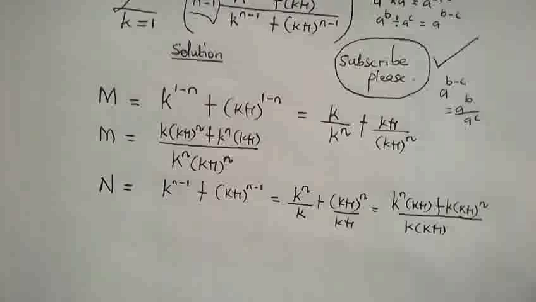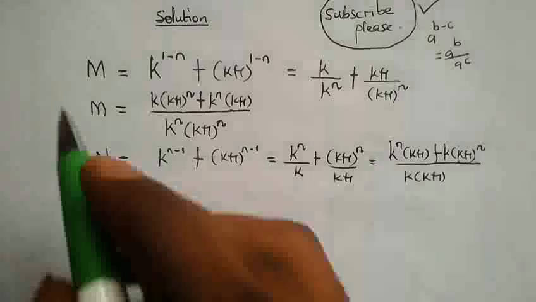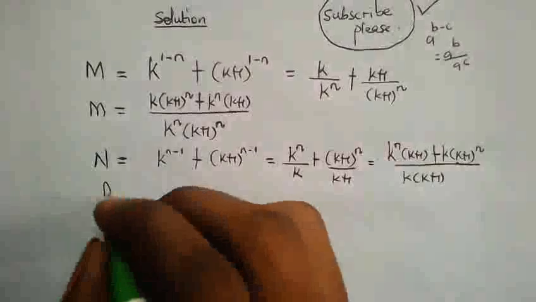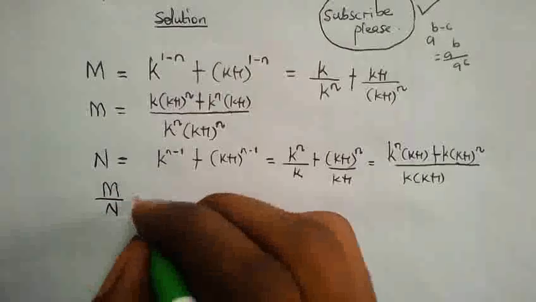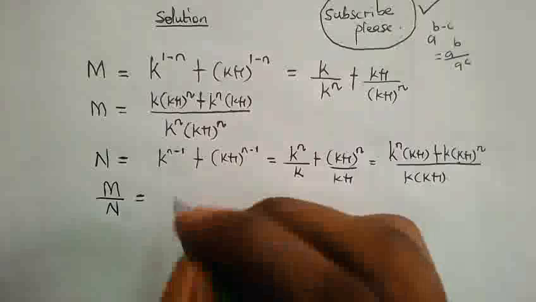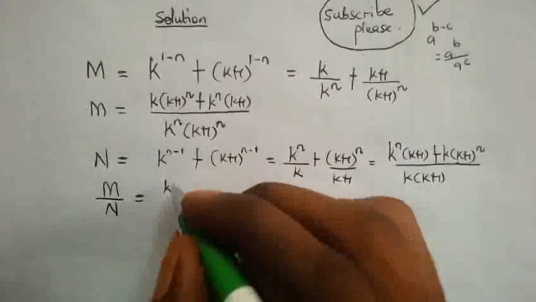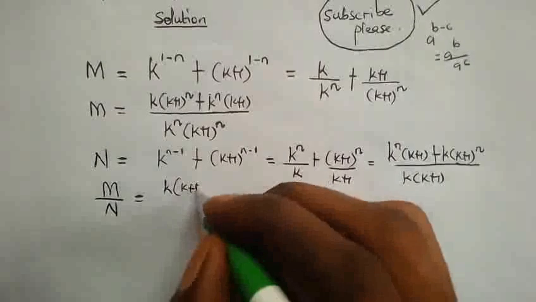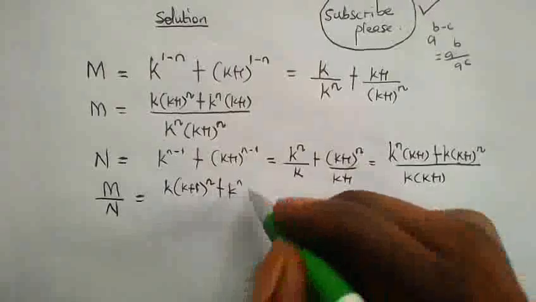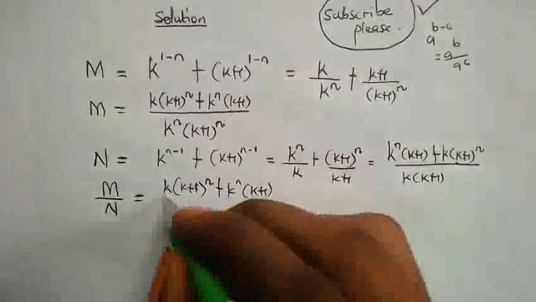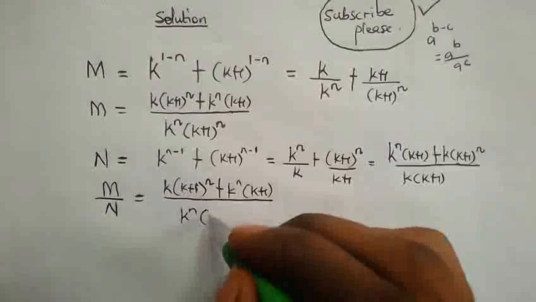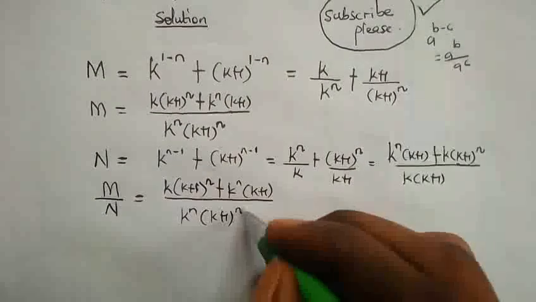Now since we have simplified this, we need to divide m by n as required. So here we have m over n equal to k times (k plus 1) raised to the power of n plus k raised to the power of n times (k plus 1), divided by k raised to the power of n times (k plus 1) raised to the power of n.